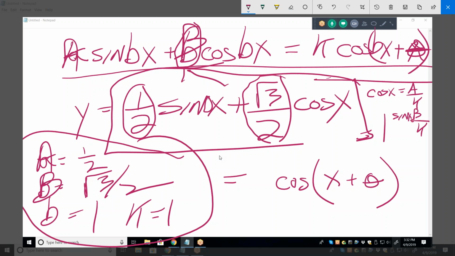The sum formula for cosine is cosine cosine minus sine sine. And now do we know what the cosine of x is, or the cosine of theta?